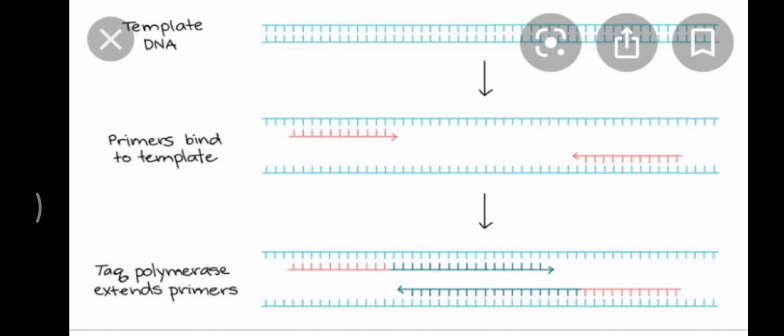So primer extension is the last step, in which the thermostable DNA polymerase or Taq polymerase synthesizes the new DNA strand by adding deoxynucleotides, and when these steps are followed again and again, we are going to obtain multiple copies. For the diagram you can refer to NCERT also.